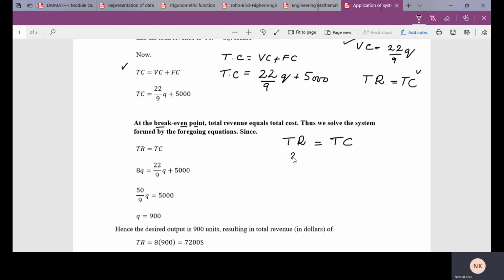The value of the total revenue we have is 8Q, which is equal to total cost, which is given as 22/9 times Q plus 5,000.